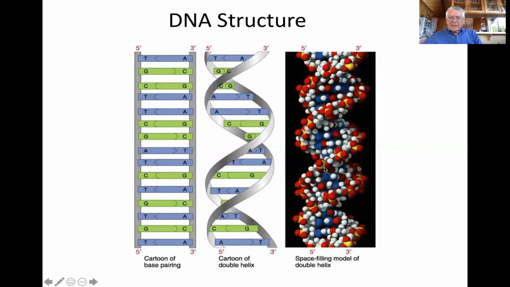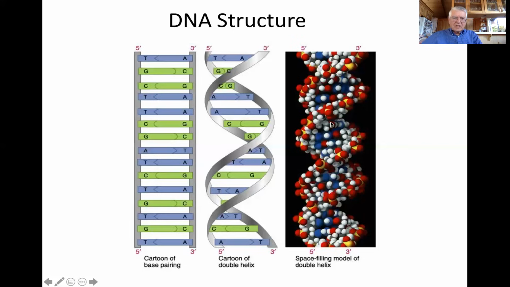Another thing to really emphasize, because the cartoon, or this model, which is an accurate model, is really a kind of hard concept to grasp just looking at it, is that although this looks very uniform, it is not exactly the same here as it is here. And why?